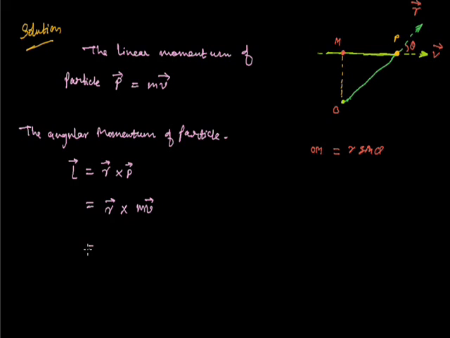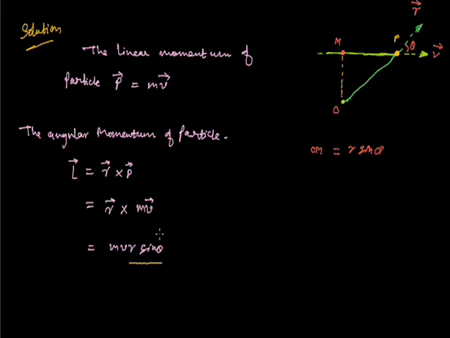Further, the result gives us the value mvr sine theta, where r sine theta is the perpendicular distance of the velocity direction from the axis of rotation about which the particle is rotating or moving.